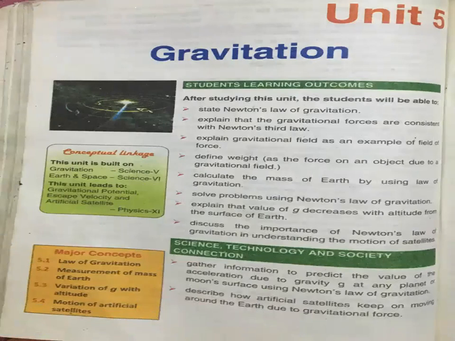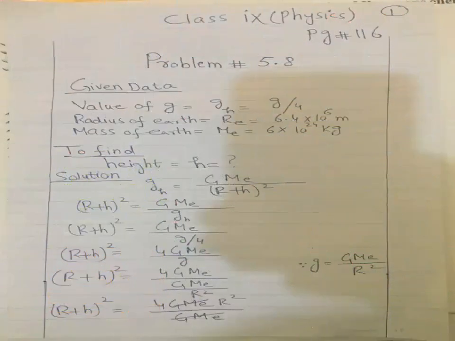So this is our chapter gravitation, and we are doing the problem 5.8. I read the problem statement for you first. The problem is 5.8. At what altitude the value of g would become one-fourth than on the surface of the earth.